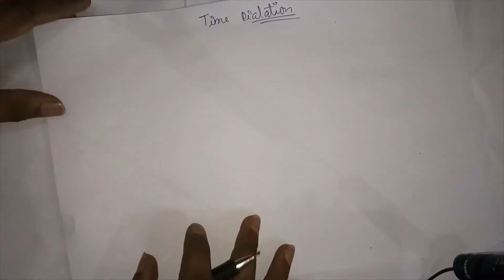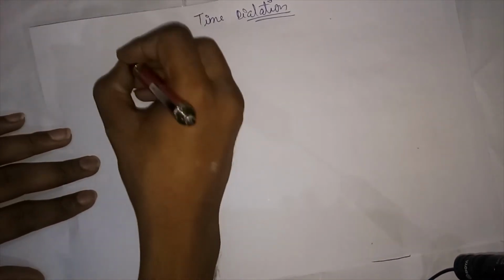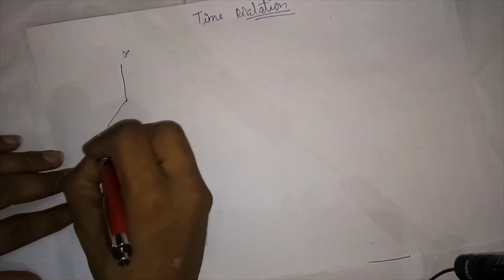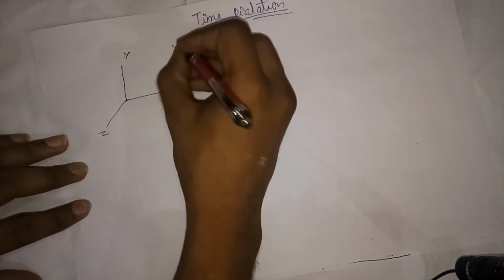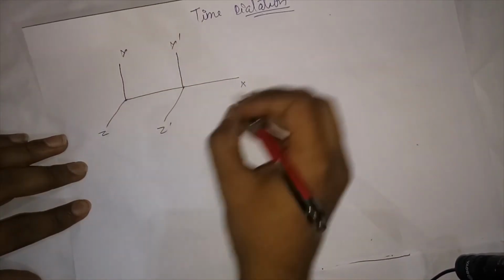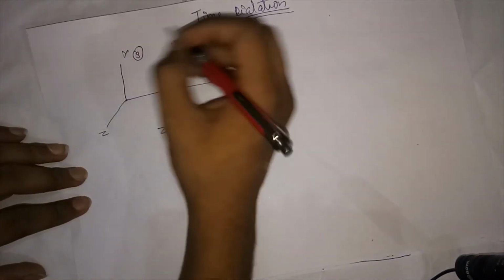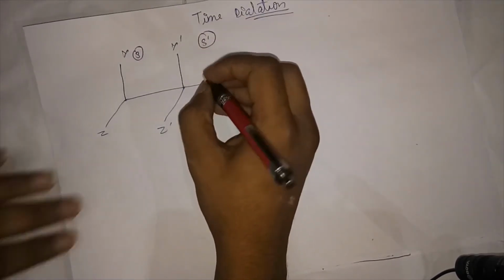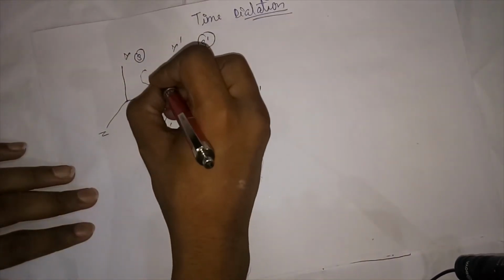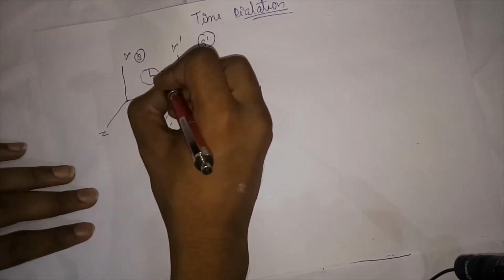So again we have a diagram. This is the y-axis, this is the z-axis, this is the x-axis, this is y dash, this is z dash, this is x dash. This is a stationary frame of reference S, and this is a non-stationary frame of reference S dash. Suppose we have a clock here having time 3 o'clock.